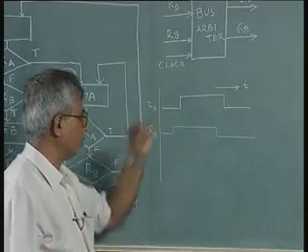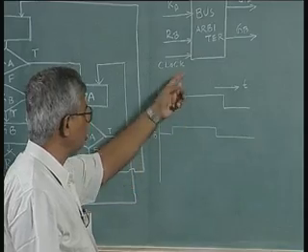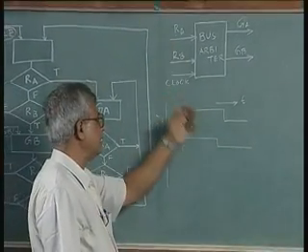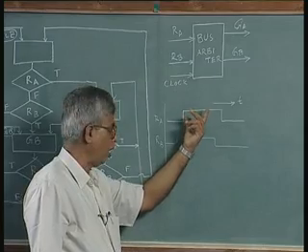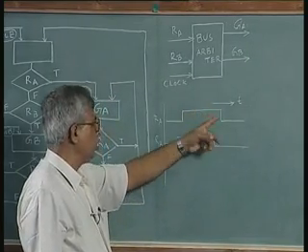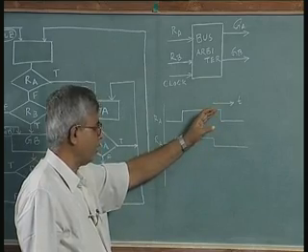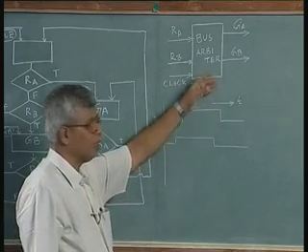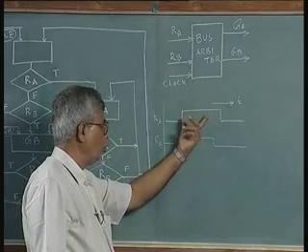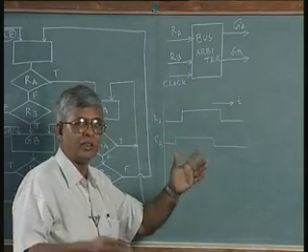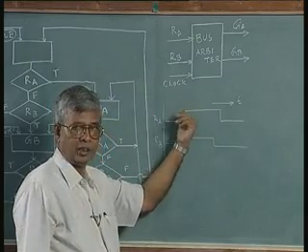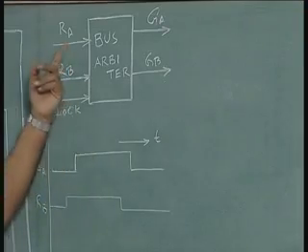And also we assumed in this, to make the design simple, that the request signal is held for as long a period as you want the bus to be available to you. That means if you remove the request signal A or B, the bus is disconnected. That means if the unit A requires the bus for a particular duration of time, for that entire duration of time RA has to be held high.